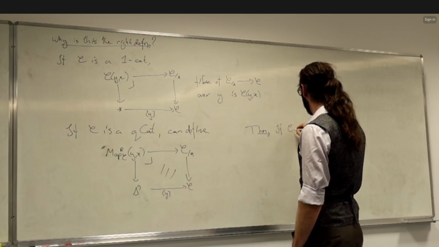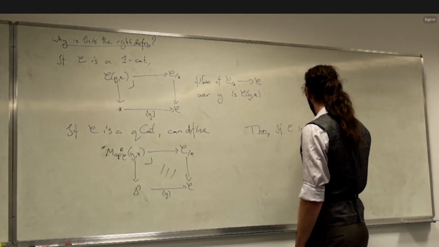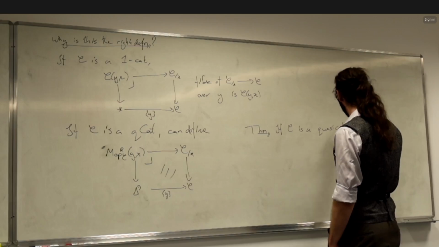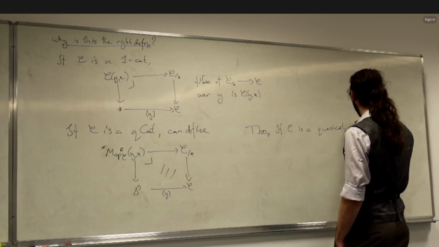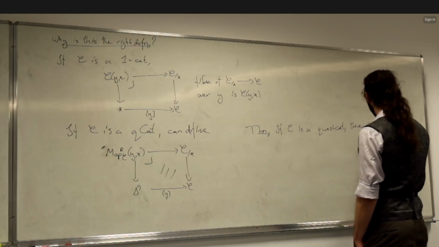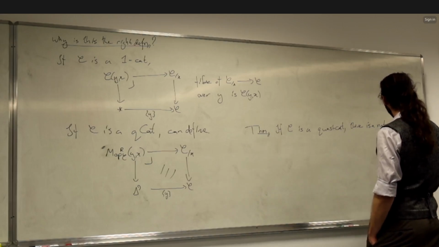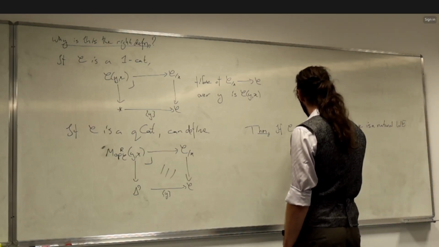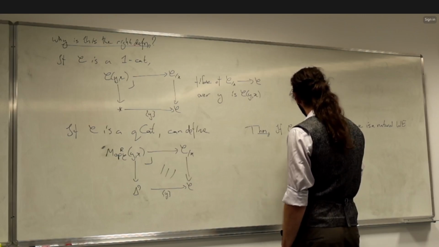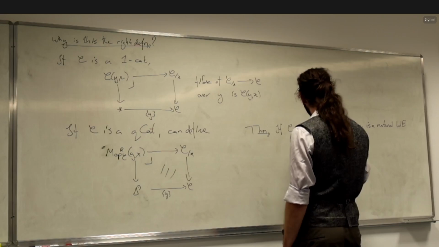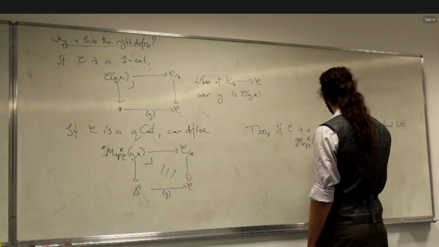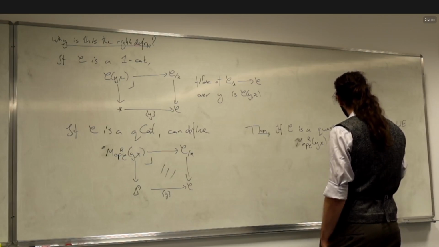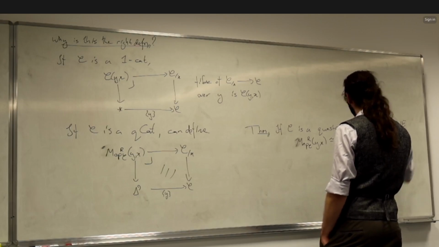If C is a quasi-category, there is a natural weak equivalence map in C right (Y, X) to the mapping space in the rigidification of C from Y to X.